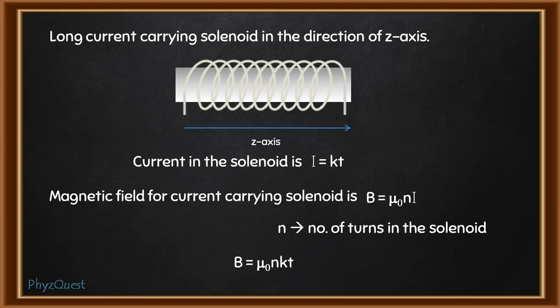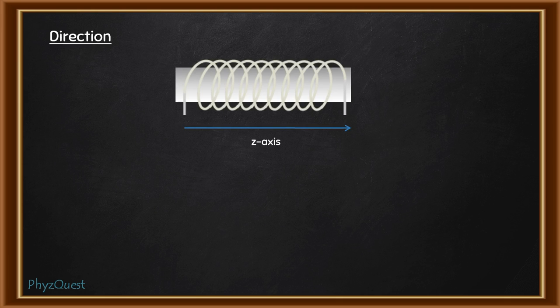But we are not done yet. We need to find out the direction as well. So here, to find the direction, this is your solenoid again. Now the magnetic field generated in the center of a current carrying solenoid. The question says we have to find the magnetic field inside the solenoid.